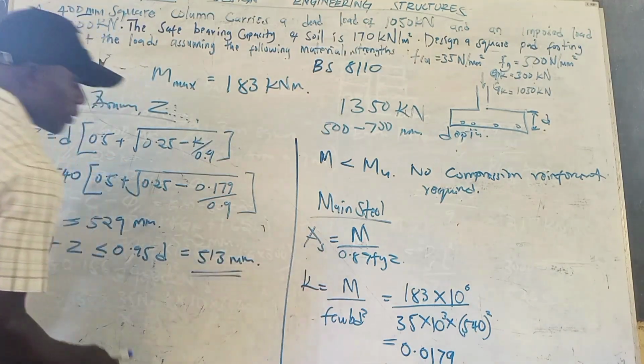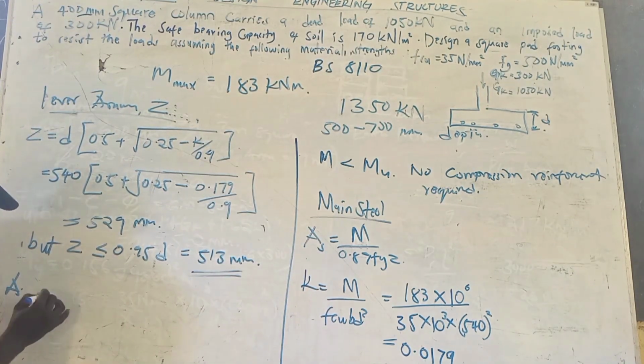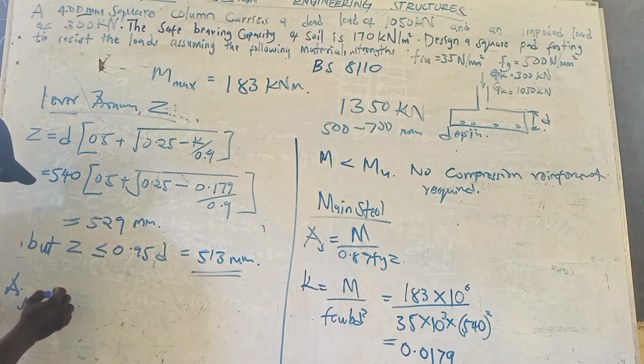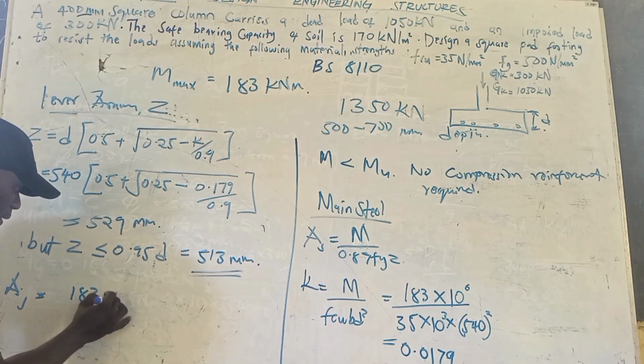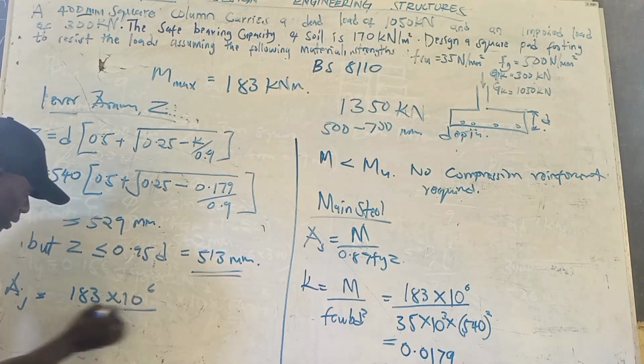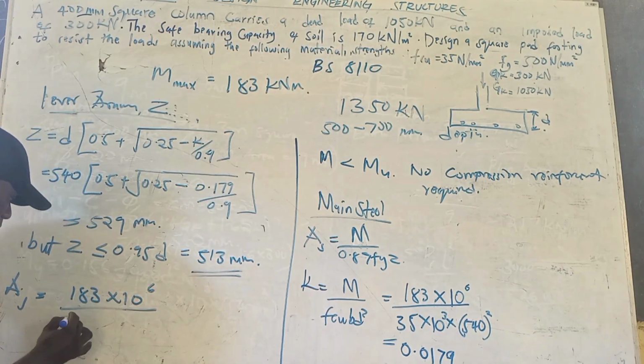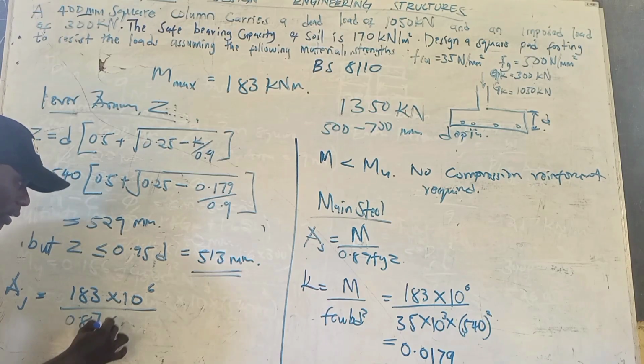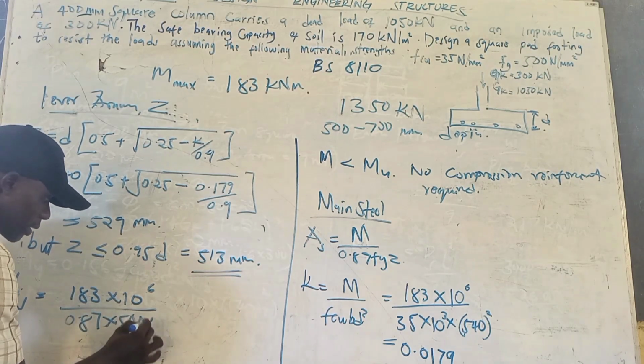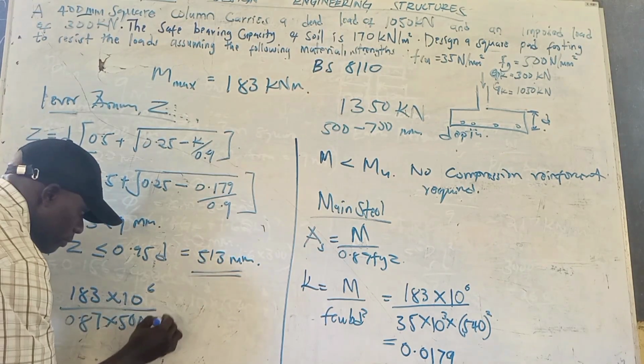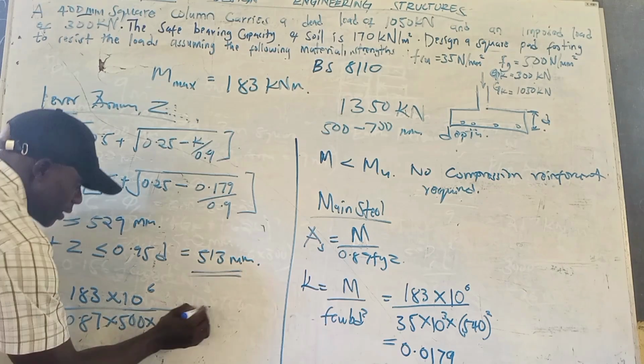So we substitute it into our formula for As, the area of steel reinforcement. So 183 times 10 raised to the power 6 divided by 0.87 times 500 by lever arm of 513.